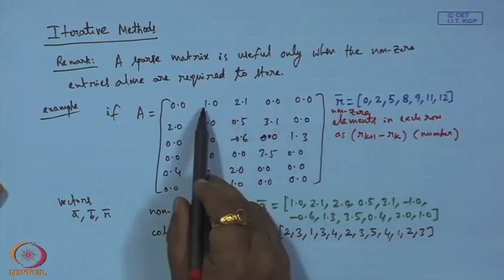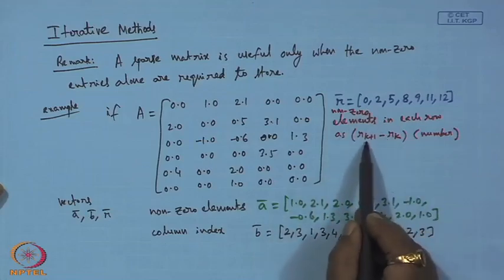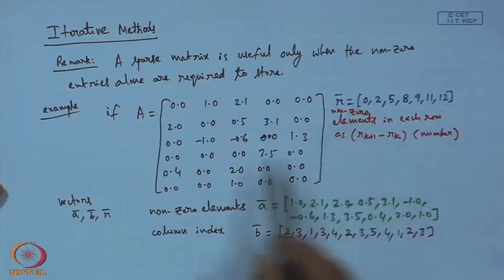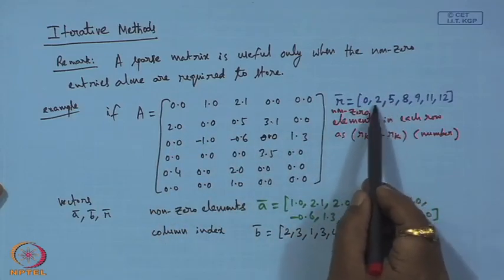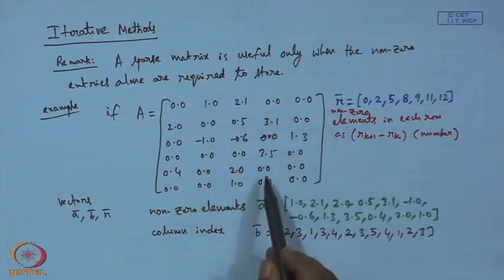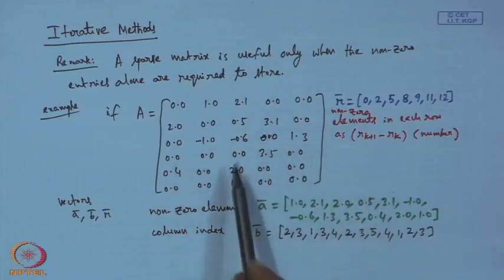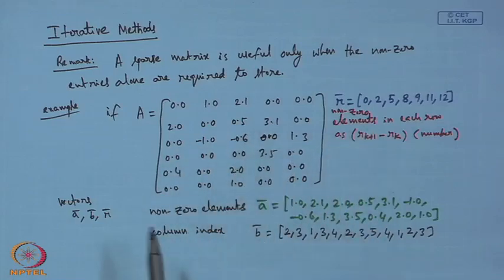You can see the number of non-zero elements here is 2, so the difference is r 2 minus r 1. Then similarly here 3, so r 3 minus r 2. Okay. So, this is an efficient way of storing, and one can see only the non-zero entries are handled. The 0 entries we did not store.